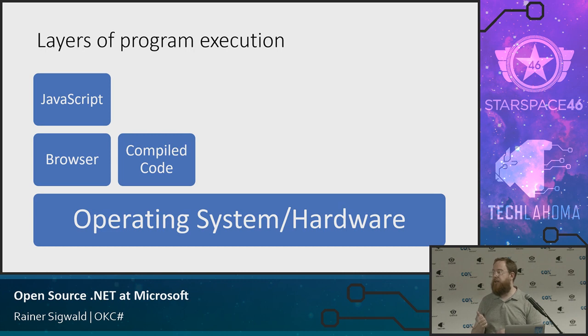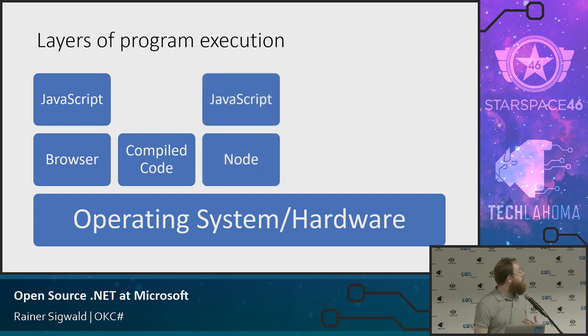That output file then runs directly on a computer. Another way you can write JavaScript is you write a JavaScript program that runs on the Node.js runtime. In that case, there's a different program that sits between your JavaScript and the machine and interprets the JavaScript and makes it compatible with the machine.